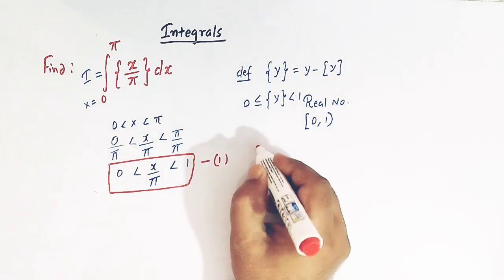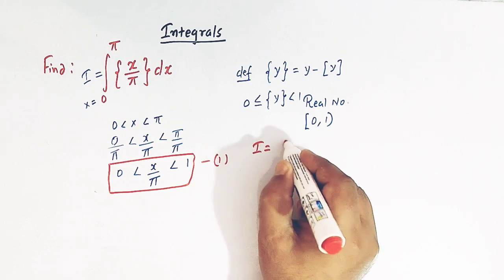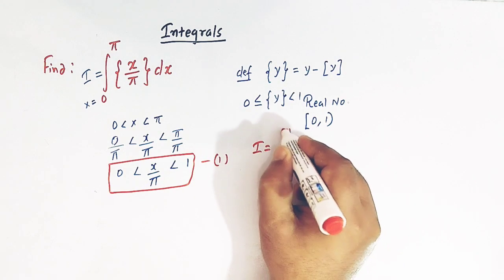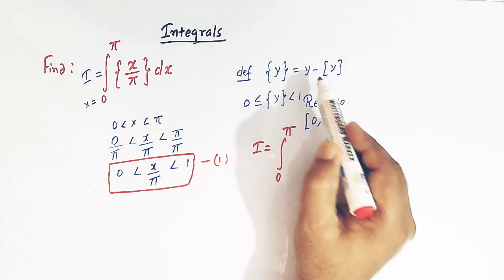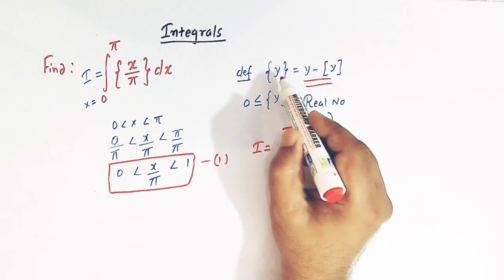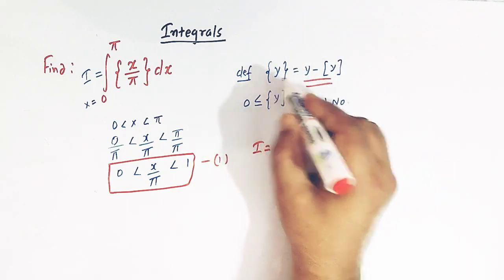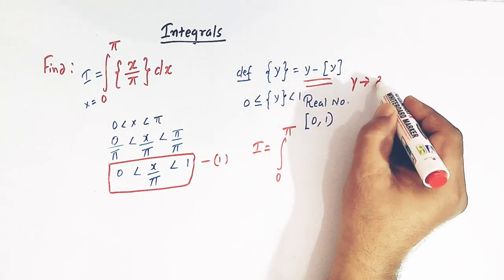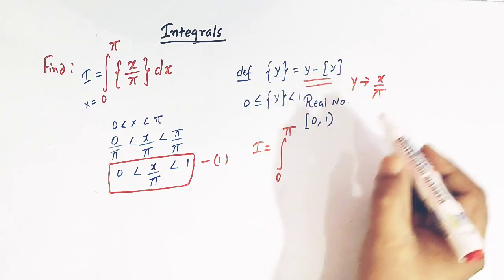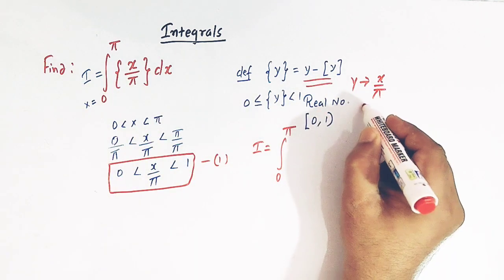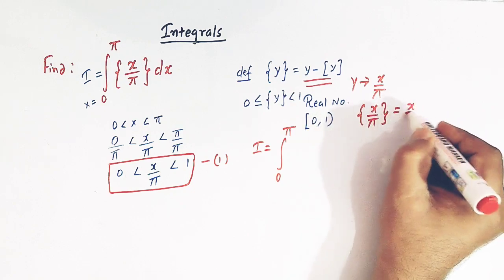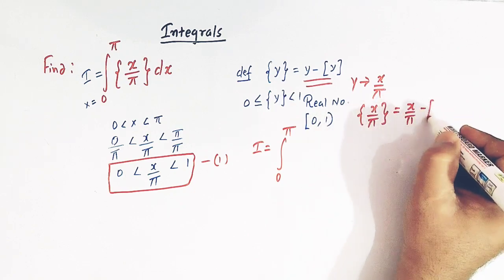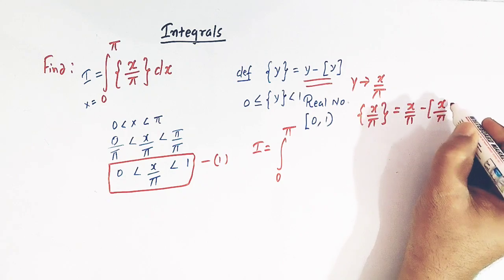Now let us come to the integral. I can be written as the integral from 0 to pi of the fractional part of x over pi, which we can write using this definition. If we replace y by x over pi, then the fractional part of x over pi is x over pi minus the greatest integer of x over pi.